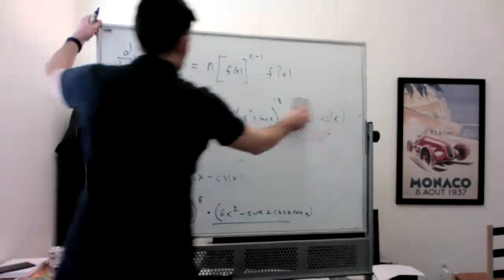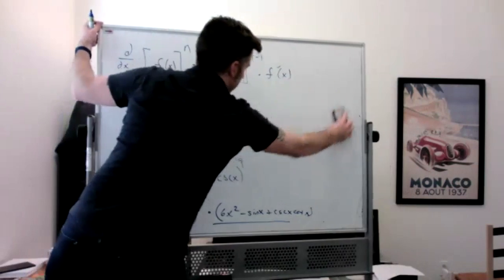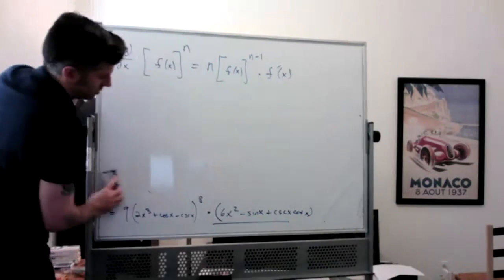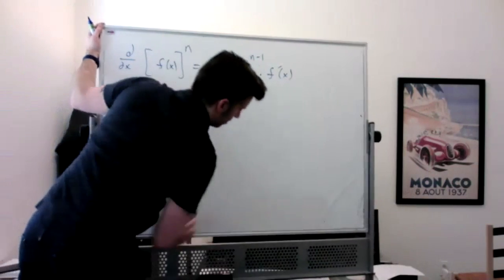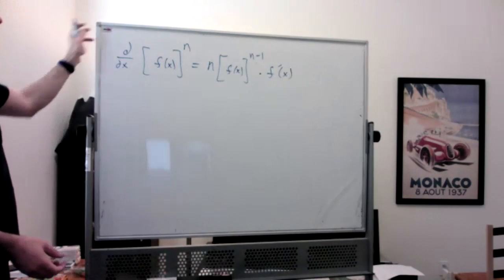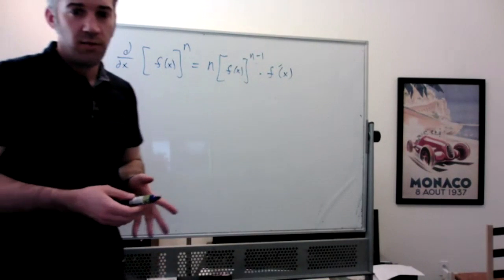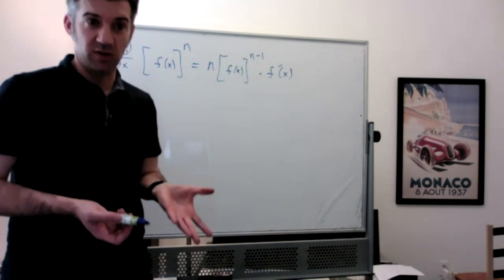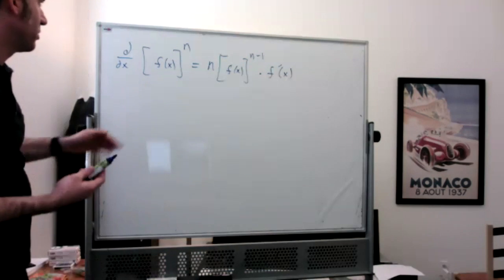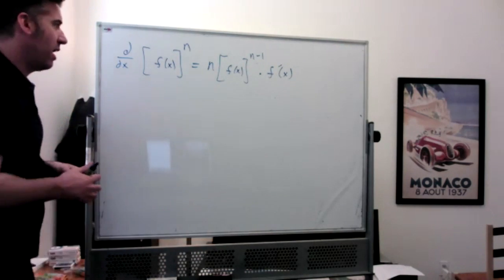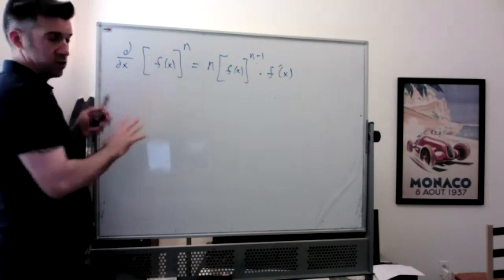So the thing is, sure, that's the chain rule, or at least that's the, what's the word I'm looking for? This is the power rule version of the chain rule. But there is a more general version of the chain rule. The way I'm seeing this is, I've got some function of another function, right?